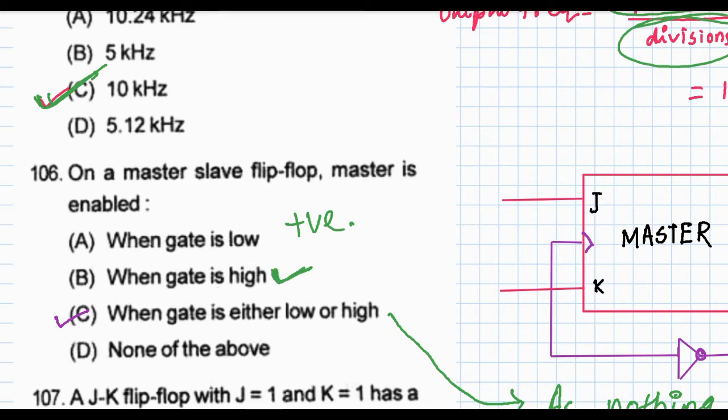If this is given to be a negative edge triggered flip flop, then this will be low, and the answer will be low.